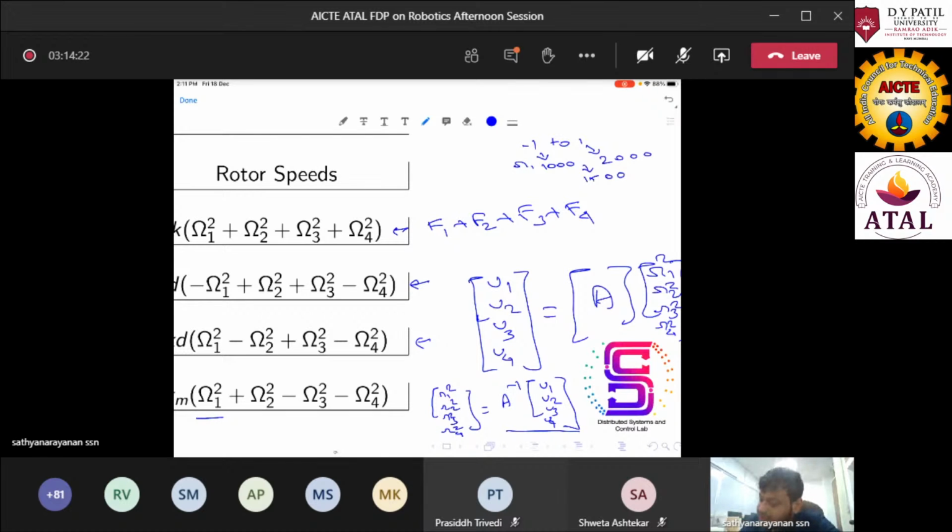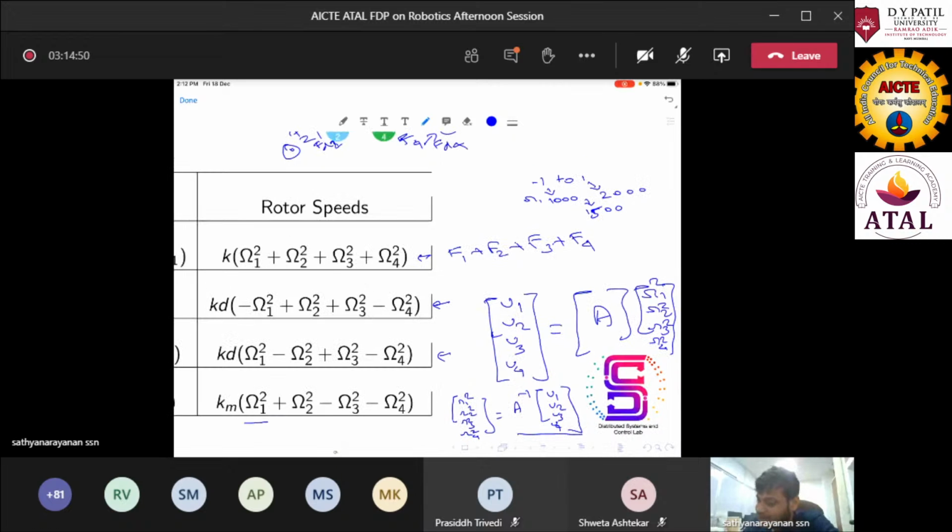So just to hold the point, or just to hover, you will have 1500 as the RPM. It's just the needed RPM to hover it. And for -1 you will go to 1000, and for +1 you will go to 2000. You start to increase the speed.